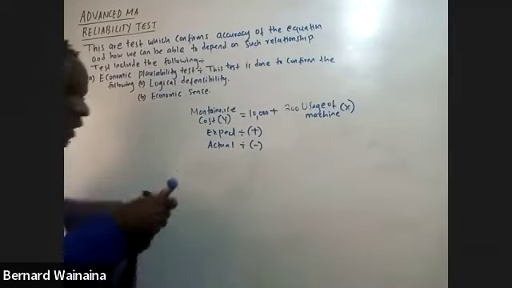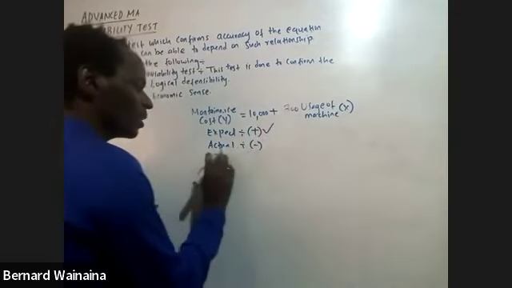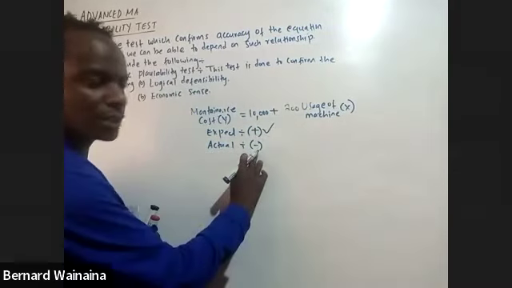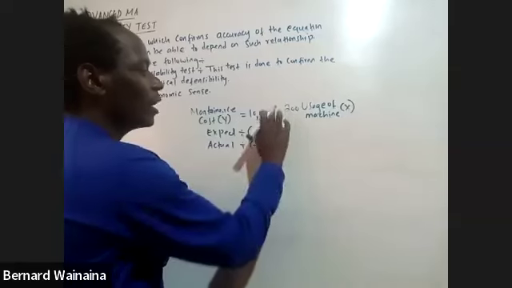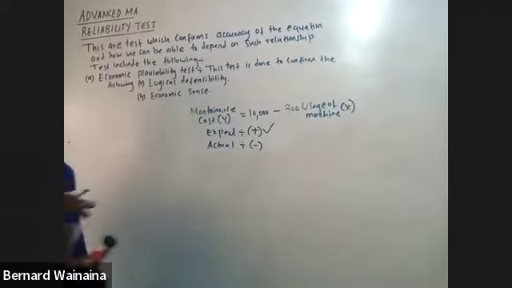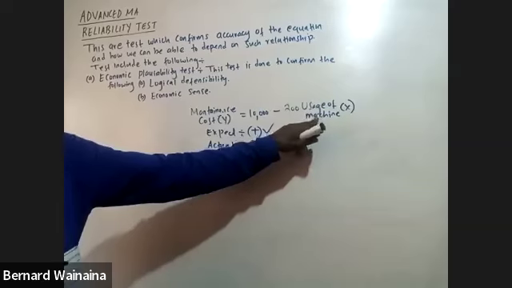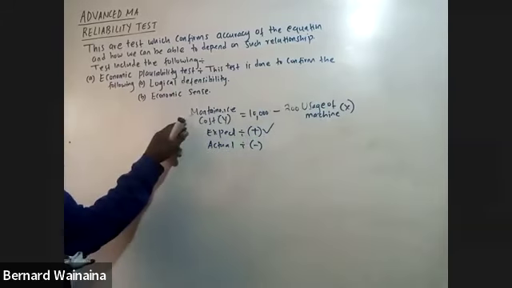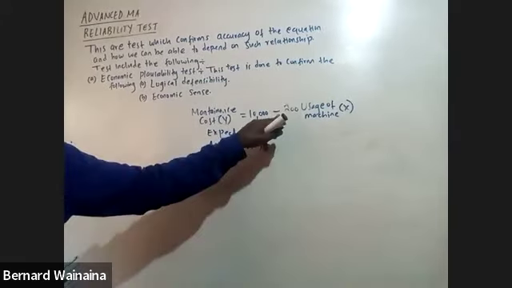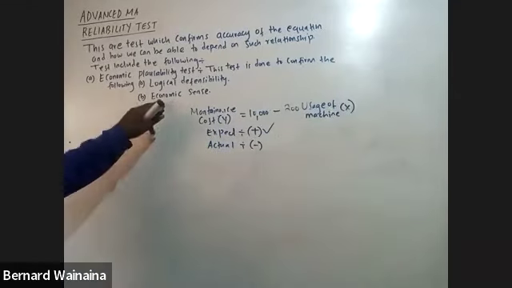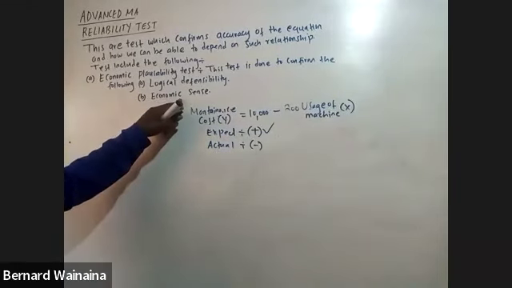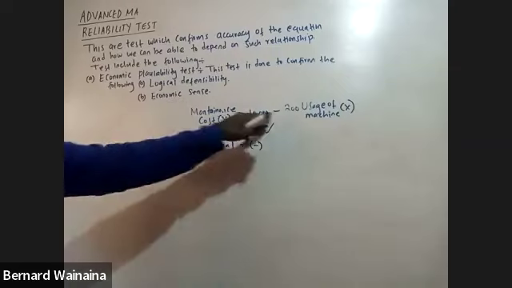That is what we expect. But when we do our actual test, we find it is negative. This means that when we use the machine, the maintenance cost reduces. We get a negative here, meaning the equation is not making any economic sense. It's not making any economic sense.